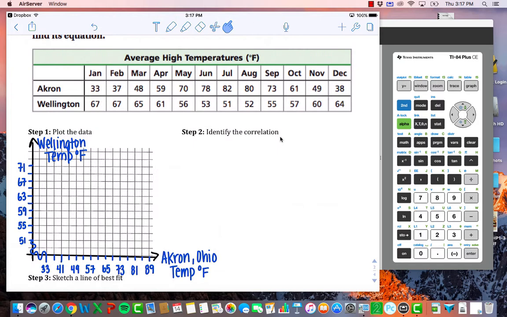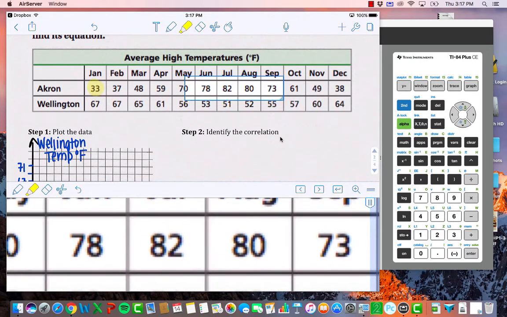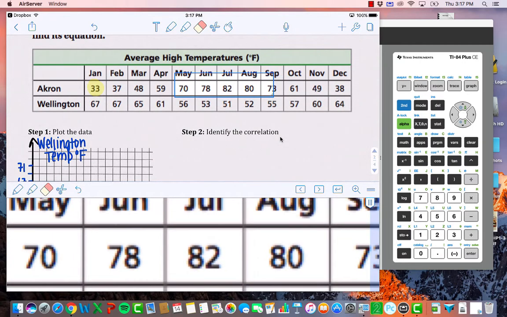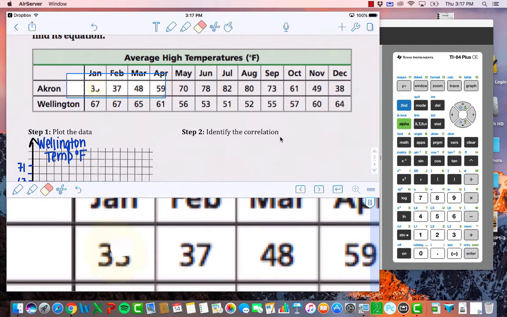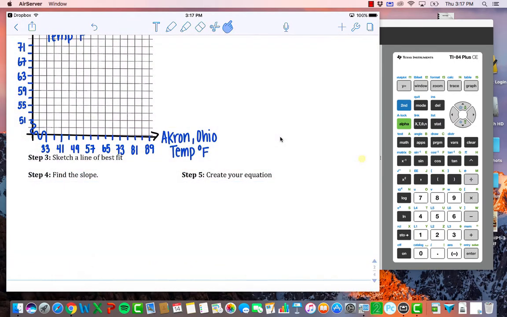So to walk you through my process, I started by drawing my axes. I noticed that the lowest temperature for Akron, Ohio was 33 degrees, right here. And I noticed the highest temperature was 82, right there. So I had to spread out my x-axis from 33 to 82 as best as I could.